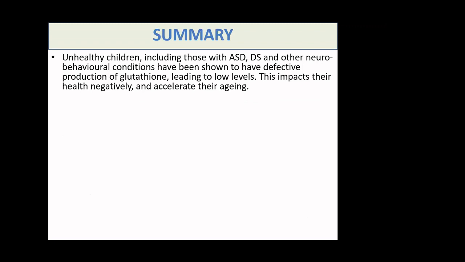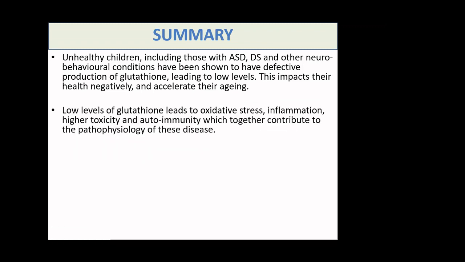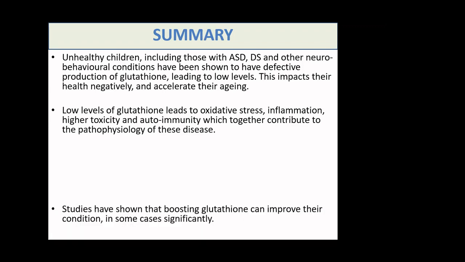Unhealthy children, on the other hand, and this includes those with ASD, Down syndrome, and other neurobehavioral conditions, have been shown to have defective production of glutathione, leading to low levels. This impacts their health negatively and accelerates their aging. Low levels of glutathione lead to oxidative stress, inflammation, higher toxicity, and autoimmunity, which together contribute to the pathophysiology of these diseases.